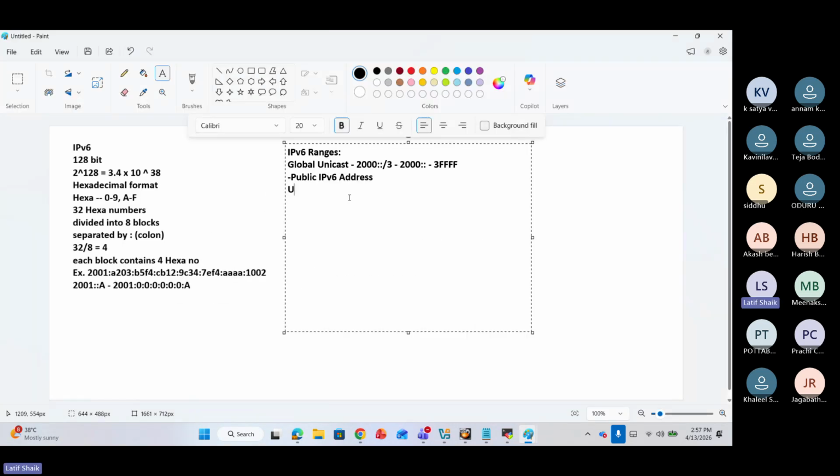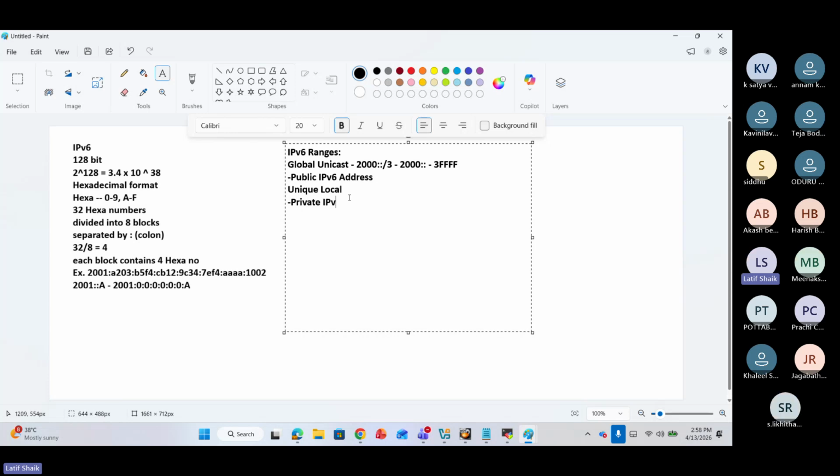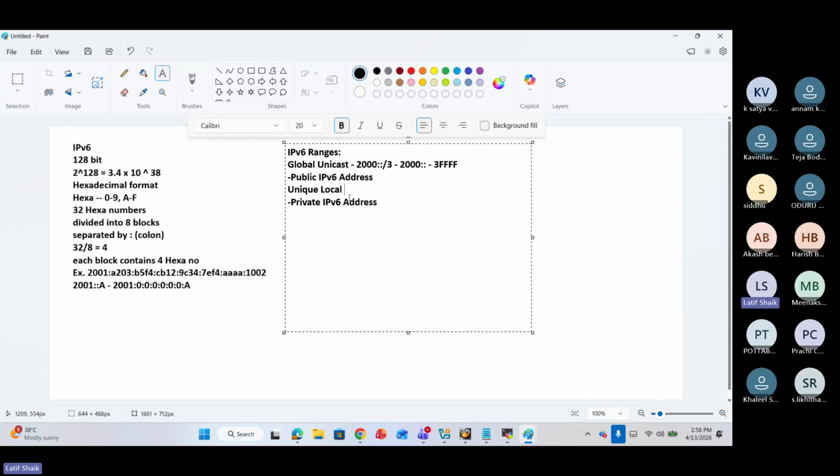Next one is unique local. What is this unique local? It is a private IP. Private IPs are non-routable for public use. But we can use them inside your organization or inside your home.